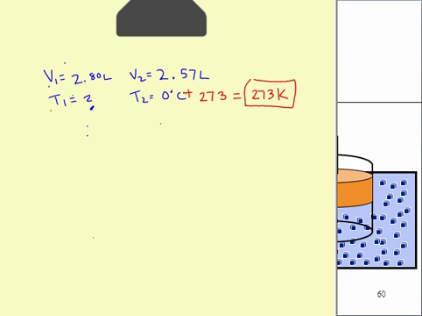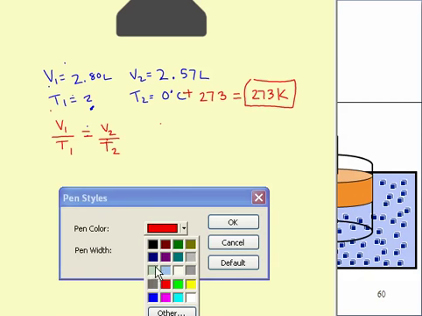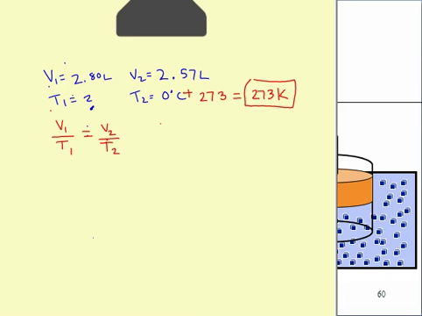Well, what math am I going to do? I'm looking at an initial volume, an initial temperature, and I'm looking at a second temperature, or final temperature, and final volume. So I know that I'm going to use Charles's law. First thing we're going to do is just plug into this equation.